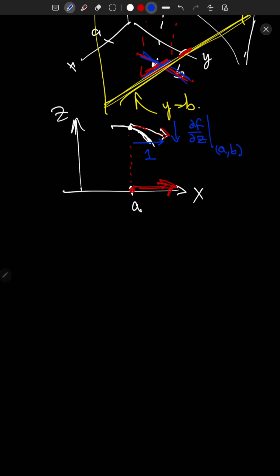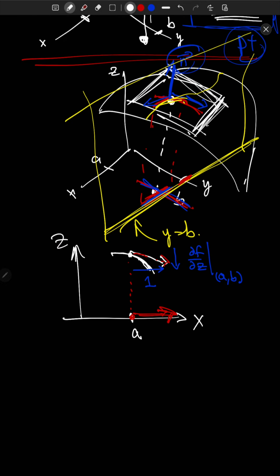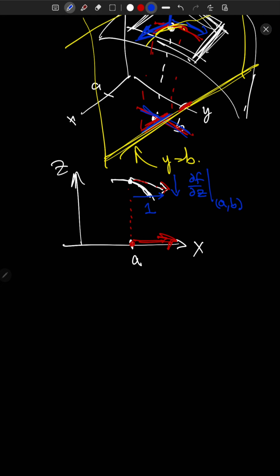So that means my vector that comes from looking just in the x direction, this vector right up there that's on my tangent plane, let me call it v1.